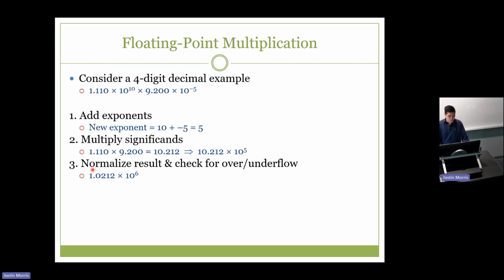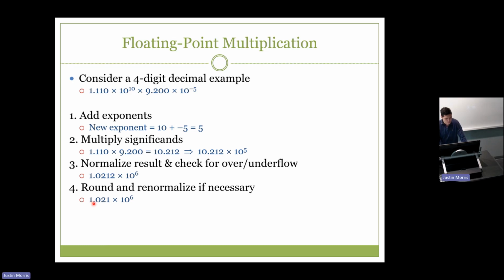Right, so we've normalized it, and we again have 4 digits, but our answer is 5. So what do we do with the 2 and the 1 here? How am I rounding it? Round down. Okay.